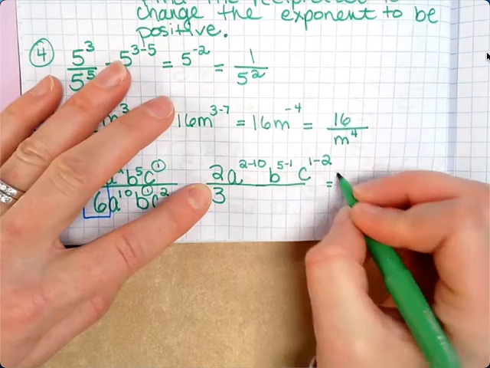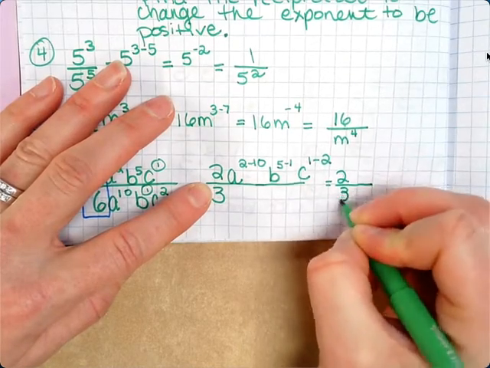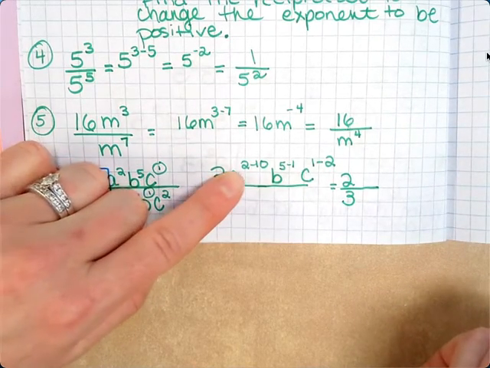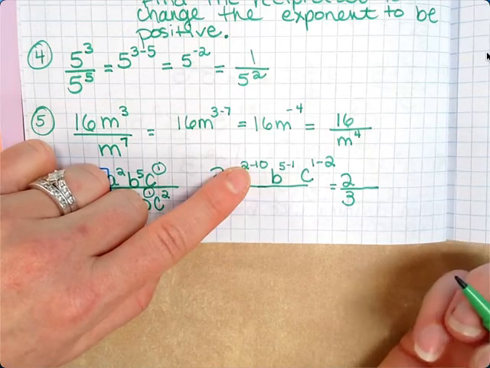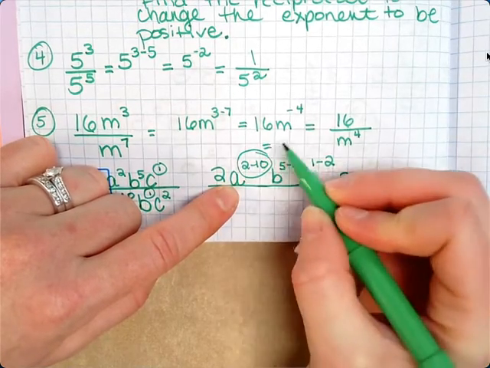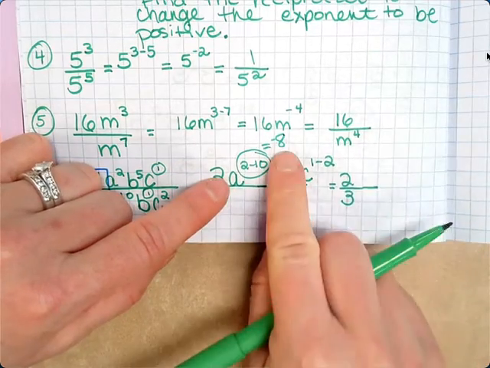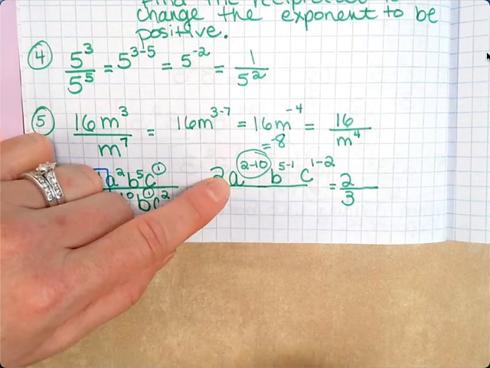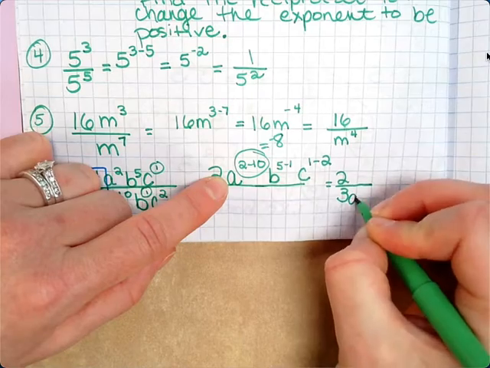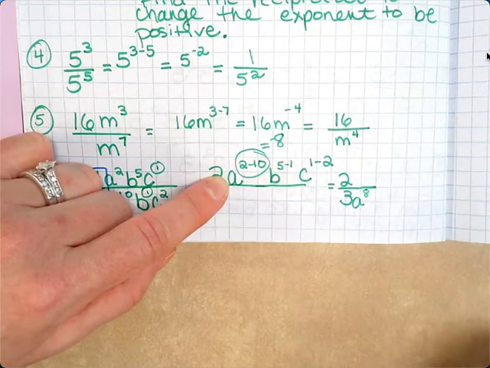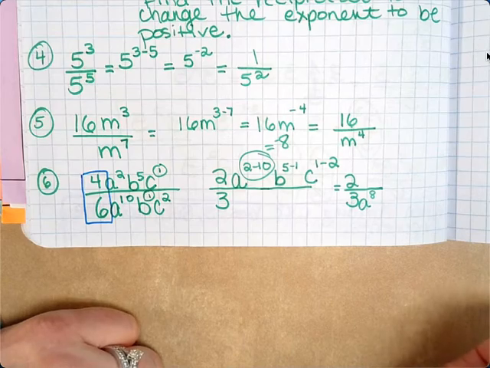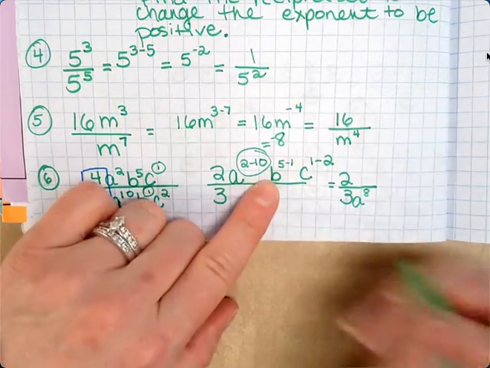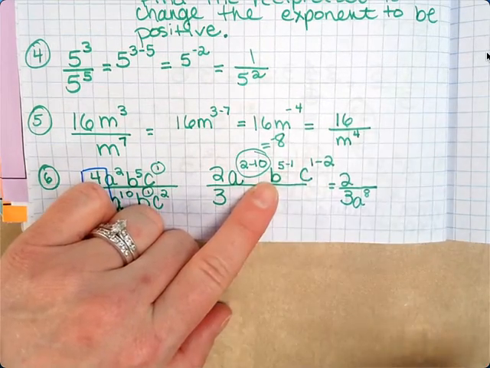Okay, the 2/3 is still just out front. Now I do 2 minus 10. What does that equal? Negative 8. So if it's negative 8, where is the a going to go? On the bottom. So it'll be a to the 8 on the bottom. Okay, what about b? 5 minus 1. 4.